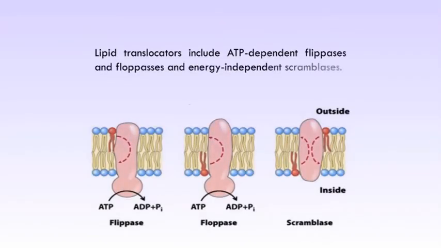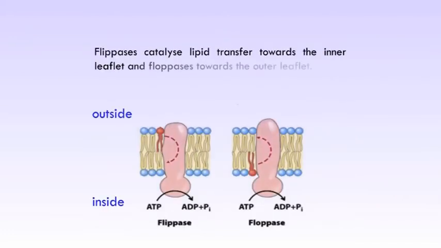Establishment and maintenance of lipid asymmetry involves several membrane proteins. These lipid translocators include ATP-dependent flippases and floppases and energy-independent scramblases. Flippases catalyze lipid transfer towards the inner leaflet and floppases towards the outer leaflet.